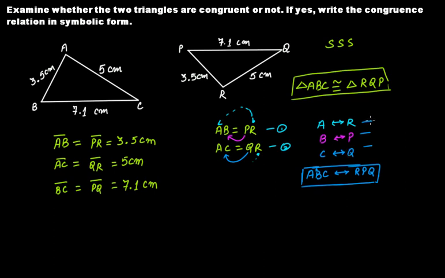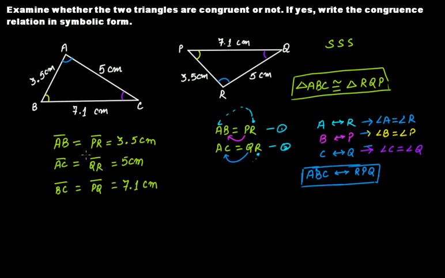It means that from this one we can say angle A is equal to angle R, from this one angle B is equal to angle P, and from this one angle C is equal to angle Q. Write the congruence relation in symbolic form. That's what you have to tell.